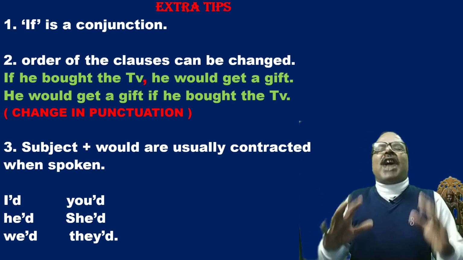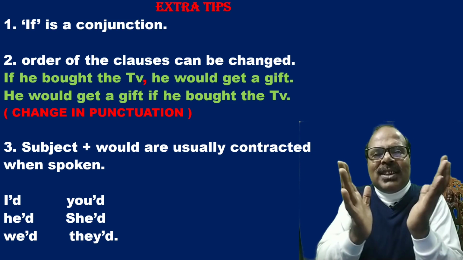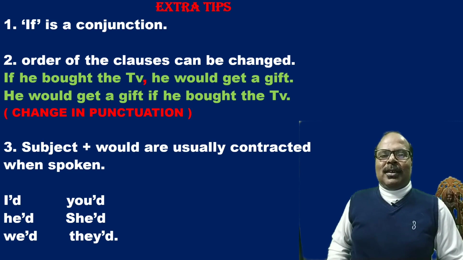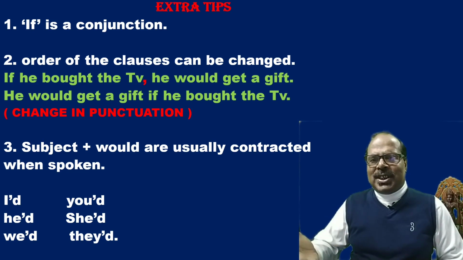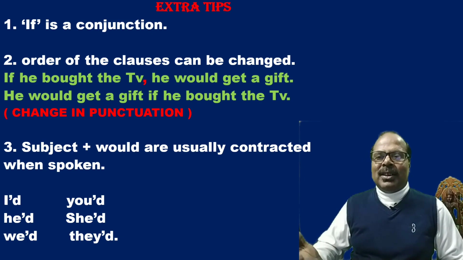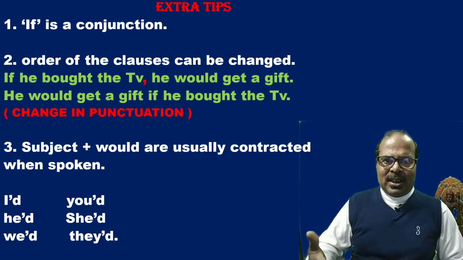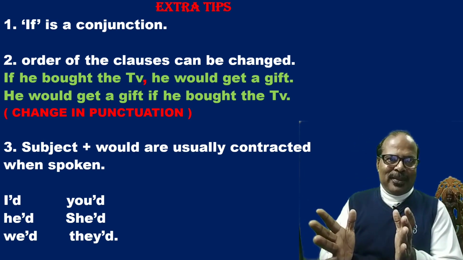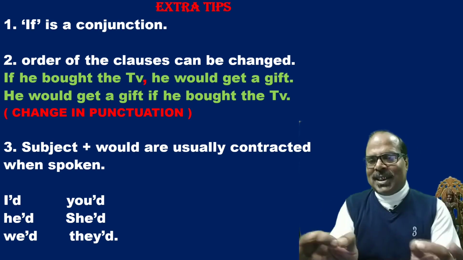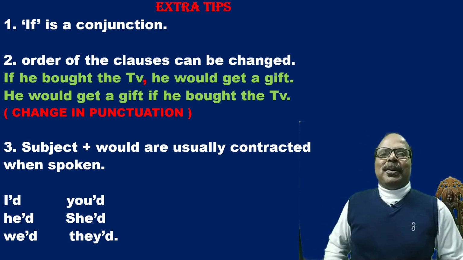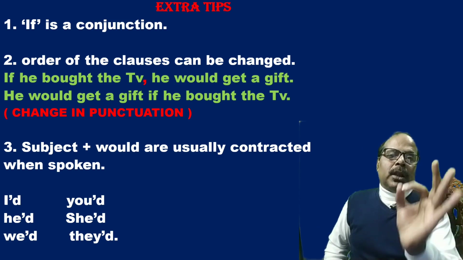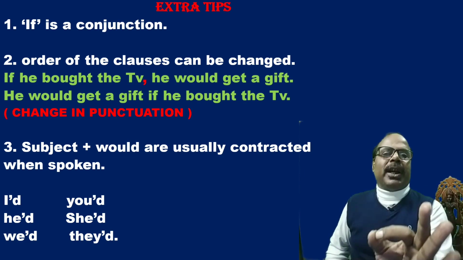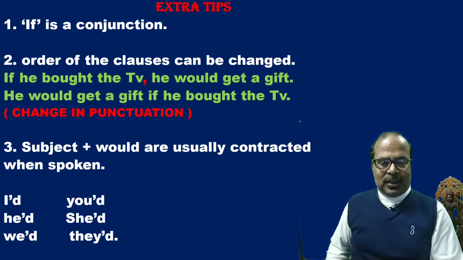If you pronounce I would, rather it is easier if you say I'd, he'd, she'd, we'd, they'd, you'd. So instead of saying you would, you can say you'd. But remember this, contractions must be avoided in formal writings.